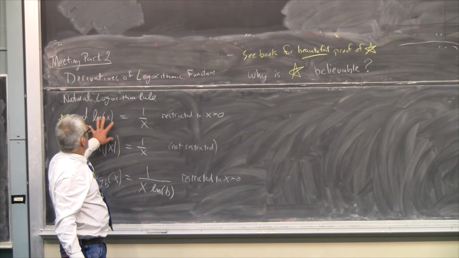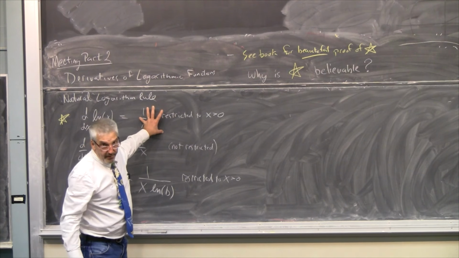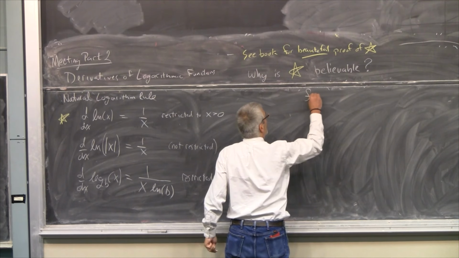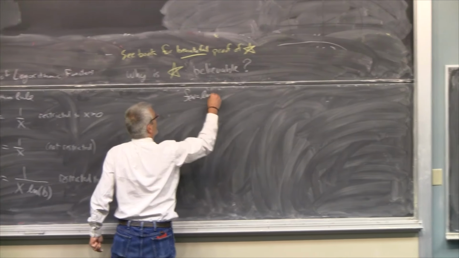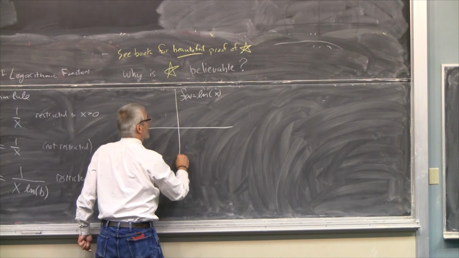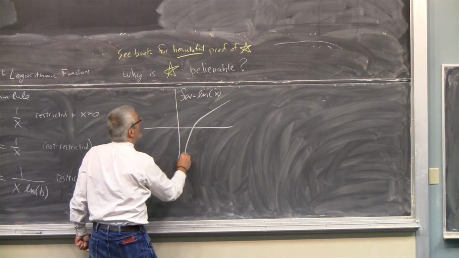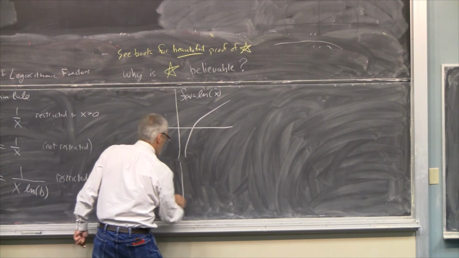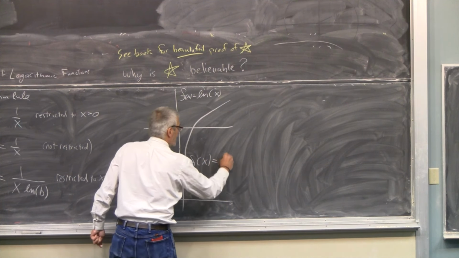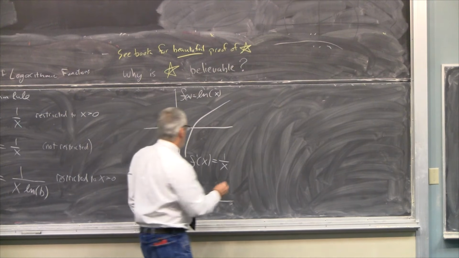Well, we should make a graph of ln of x. That's going to be our function. And we should make a graph of 1 over x restricted. That's going to be the derivative. So we have f of x equals ln of x, and that's going to look like this. And then down here, we have f prime of x is 1 over x, but restricted to x greater than 0.